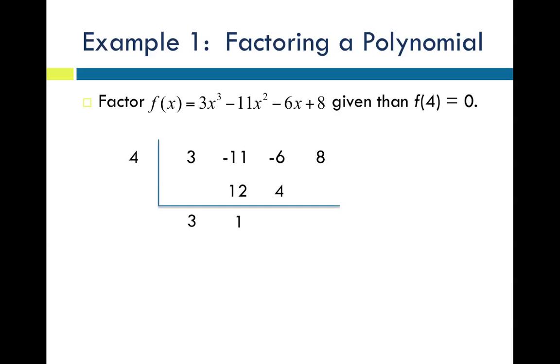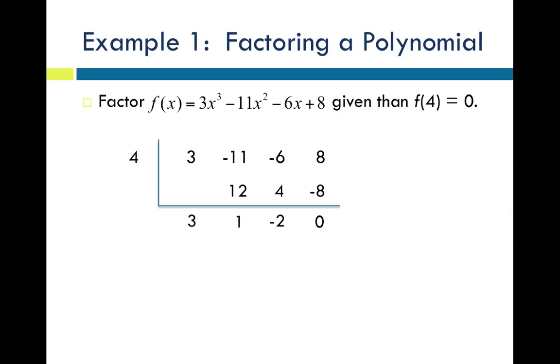Then we multiply to get 4. Add that column, we get negative 2. Multiply again to get negative 8, and add that column, and we've just confirmed that indeed we do get 0 as the answer for f of 4, or as the remainder if we're dividing by x minus 4.